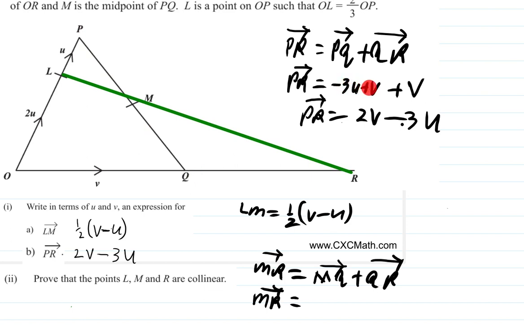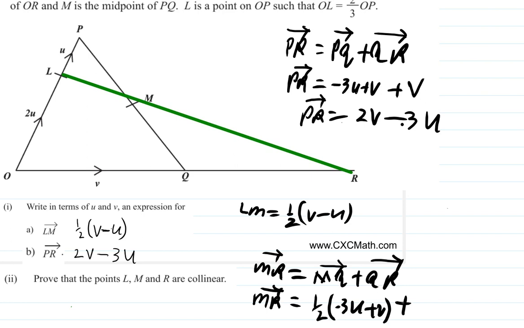It's negative 3u plus v. So, PM is half of PQ. MQ is also half of PQ. Alright. So, MQ is half of negative 3u plus v. See it up here?